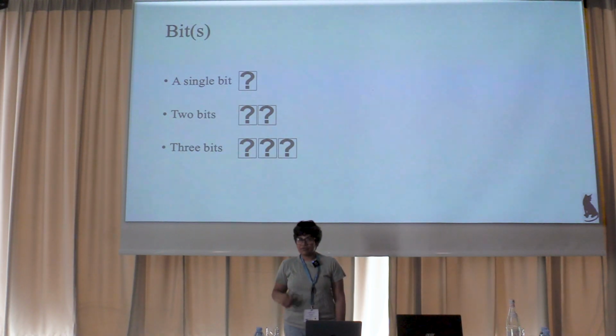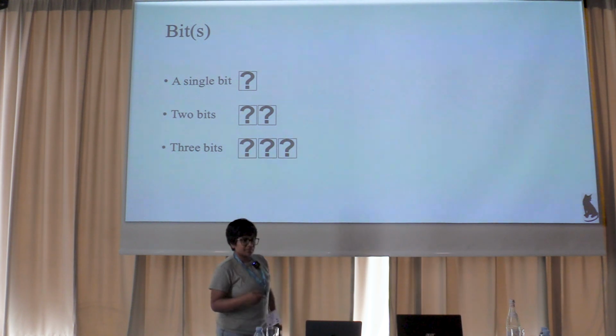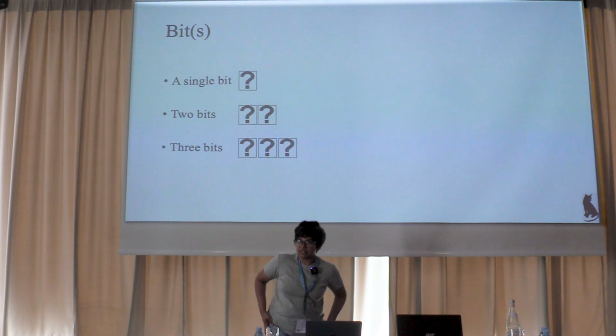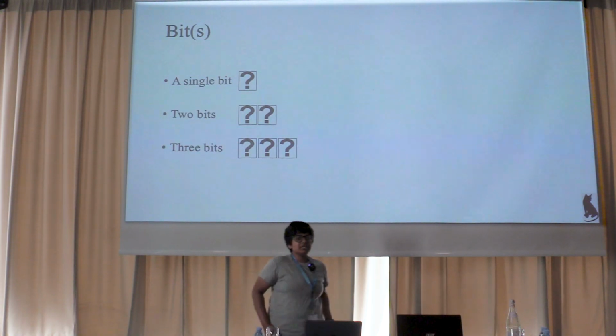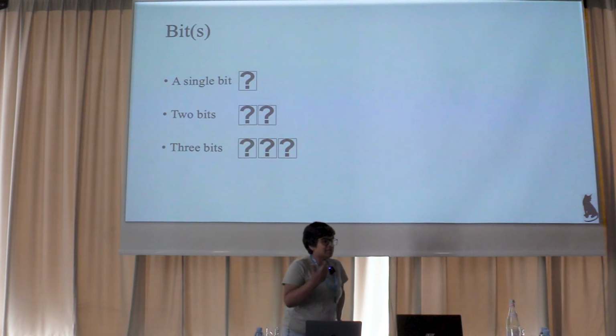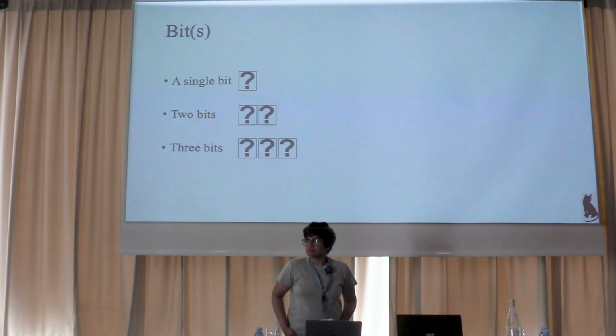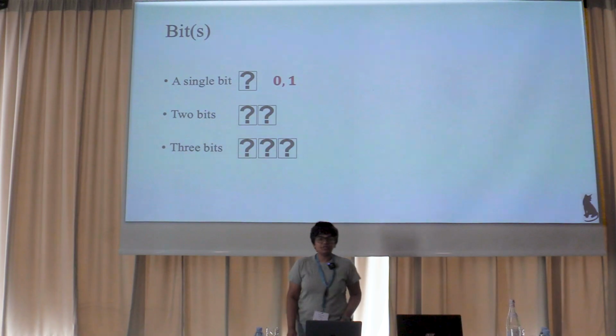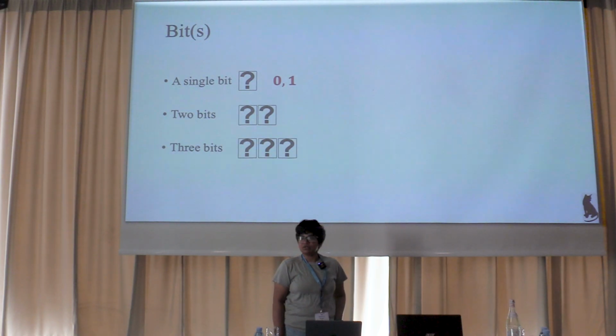But before I get into quantum computing, I will have to describe what a qubit is, okay? So let's start. If I have a single bit of memory, how many configurations can this single bit be in? 2, right? It's 0 and 1. What about 2 bits of memory? How many configurations? 4, right?